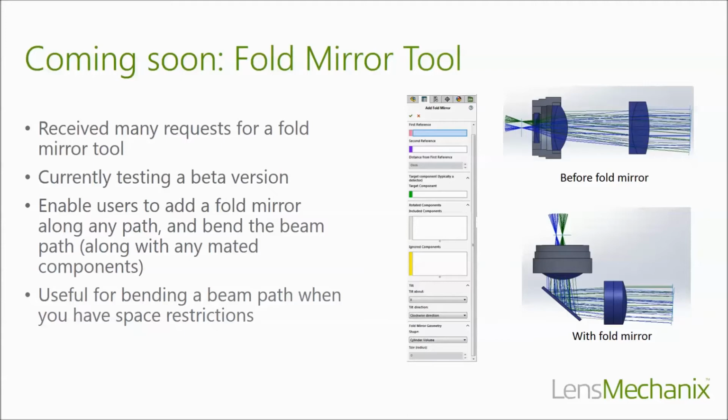So this fold mirror is currently being tested. We do have it in an internal version, and so we are testing it. And like I mentioned, it'll enable the users to bend any path along with any mated components.